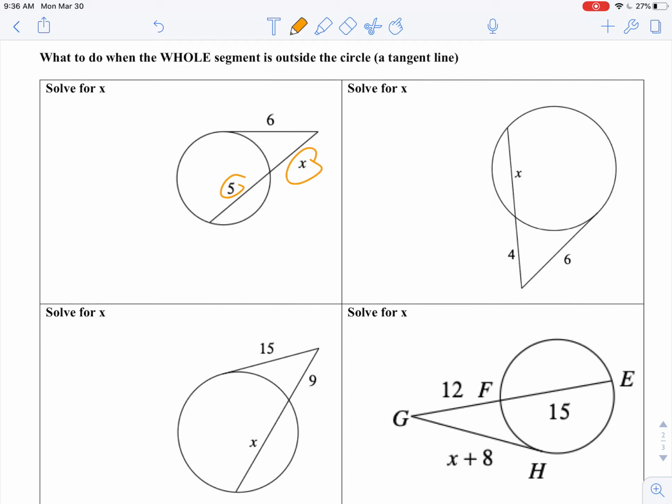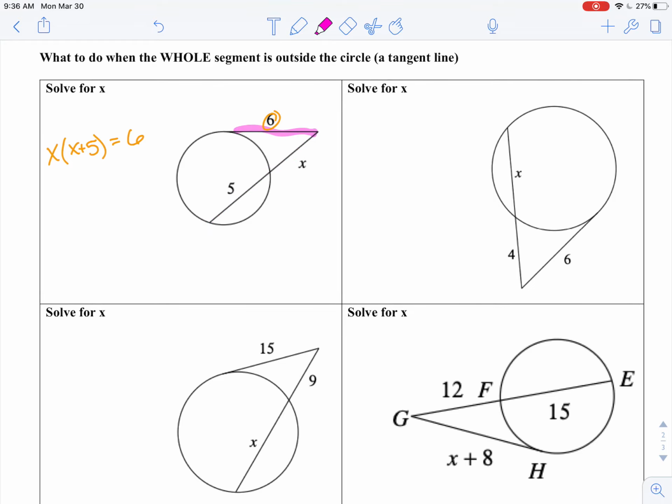But what do I do when the whole segment is outside the circle? Well, I'll still do the same thing. X times x plus 5 equals, and 6 is outside the circle. But now, what's the whole segment here?